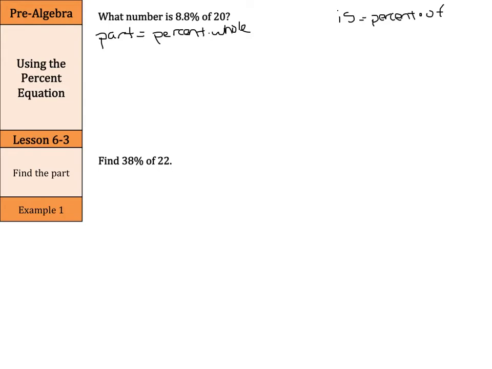Now, what number is? We don't know that yet. We don't know our part, so we're looking for our part equals our percent. Now remember, 8.8% needs to be written as a decimal.